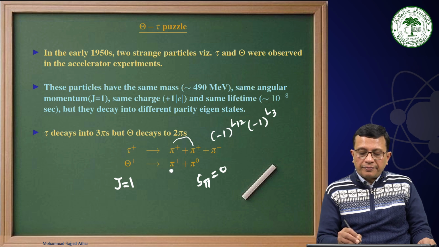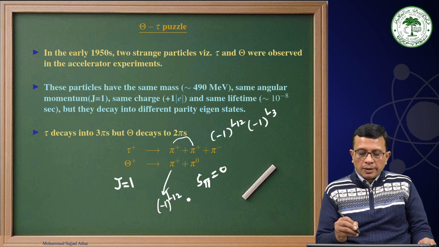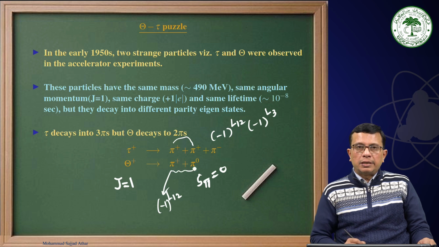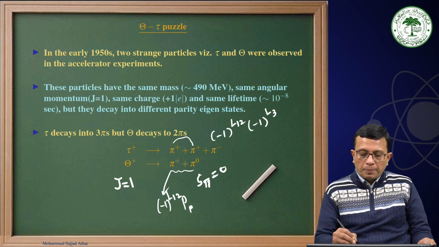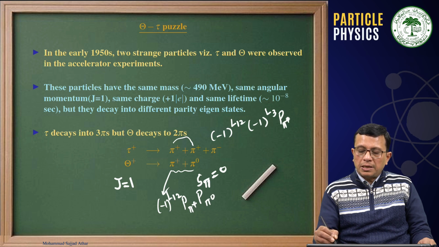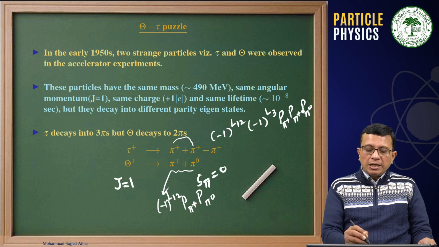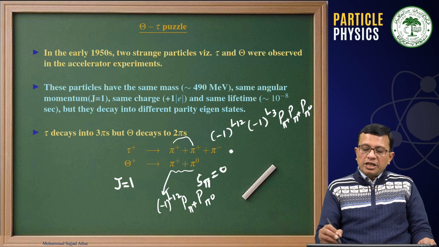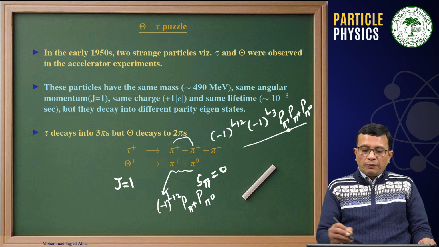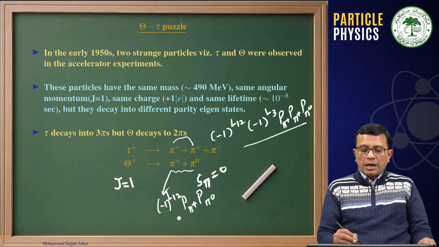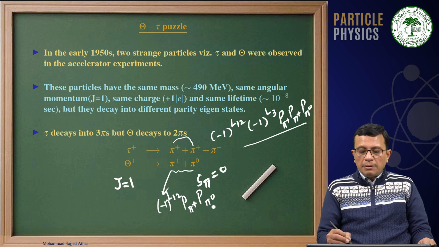And then we have here 2 pions, and then we will have a factor of minus 1 to the power L12, and this will be the factor times parity of pi plus times parity of pi 0, and here we will have a parity of pi plus times parity of pi plus times parity of pi 0. Therefore, parity of tau plus, for the 3 pions, will have this factor, while parity of theta plus will have a factor of minus 1 to the power L12 times P pi plus times P pi 0.